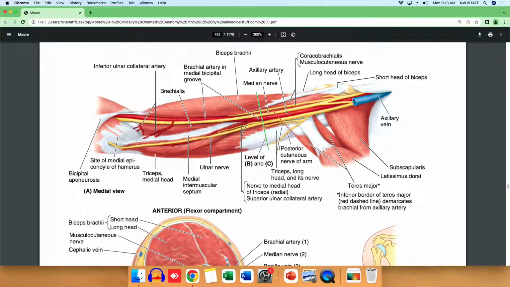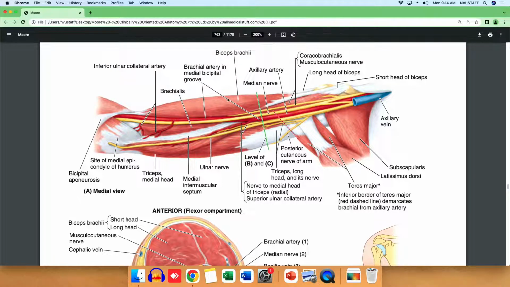This is the medial view of the arm, devoid of the skin and subcutaneous tissue and even part of the deep fascia. And we can find that from the region of the axilla, we have the formation of the blood supply, as I have already said, as well as the innervation towards the free upper limb.